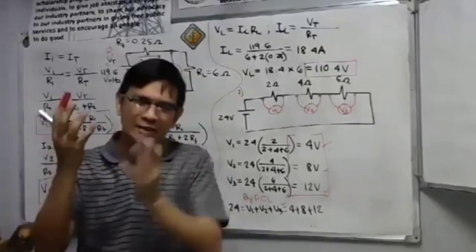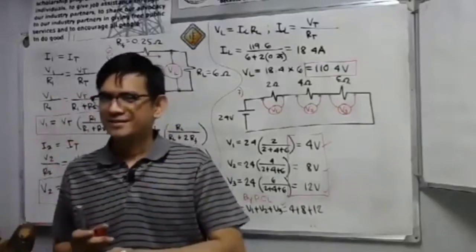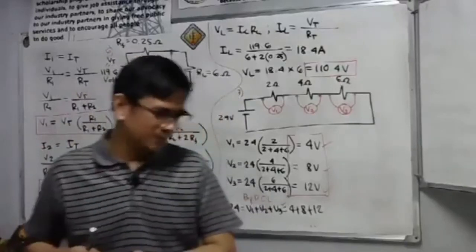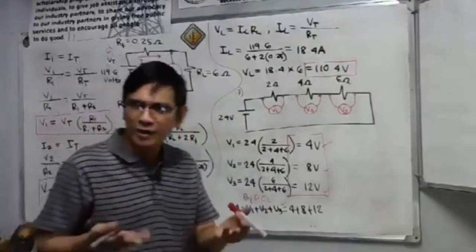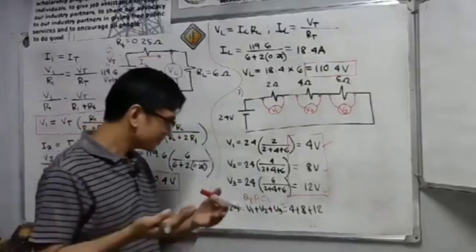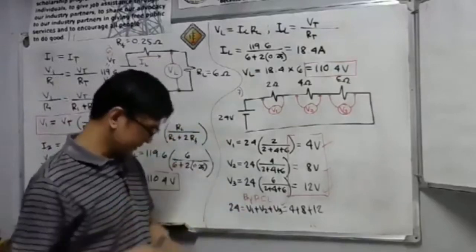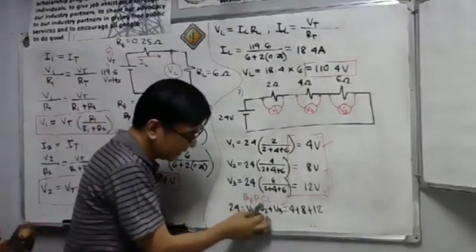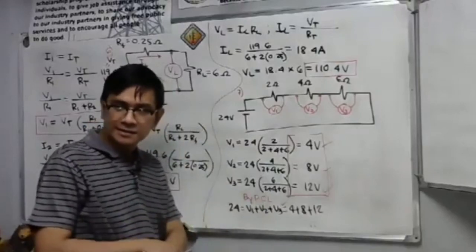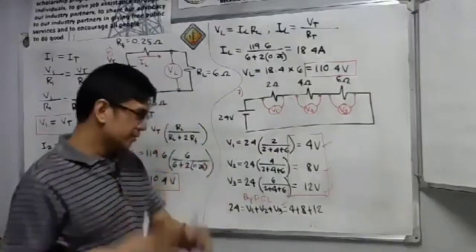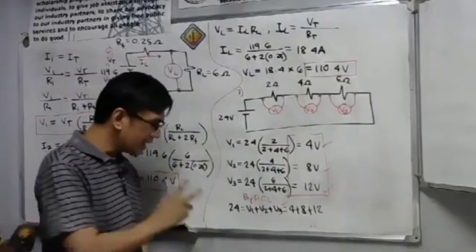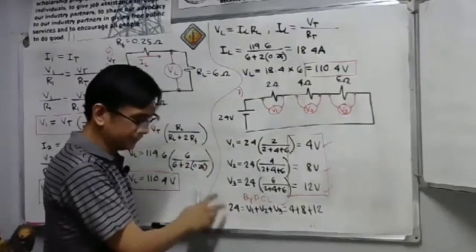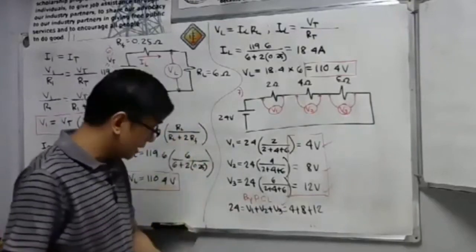You should know a lot of moves to be able to score points. Just like in our studies, we should know a lot of methods to check our final answer. That is a very good thing, especially in the licensure exam.